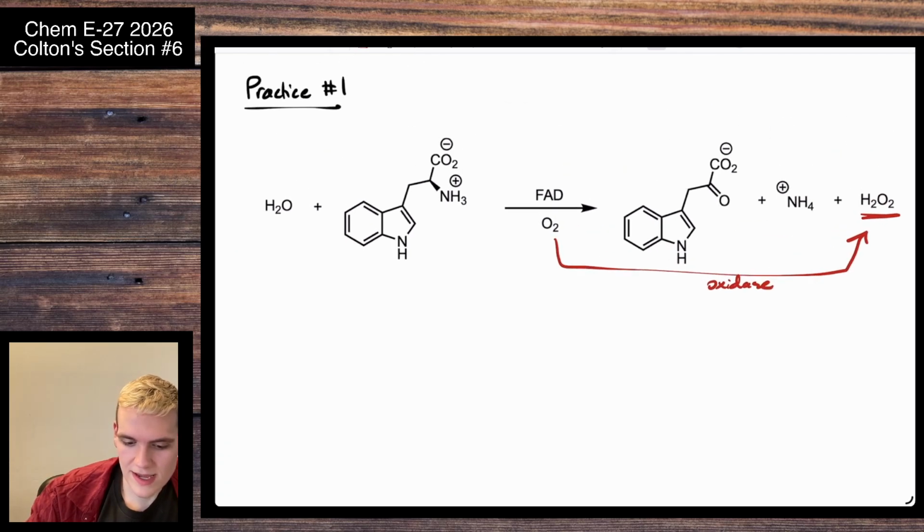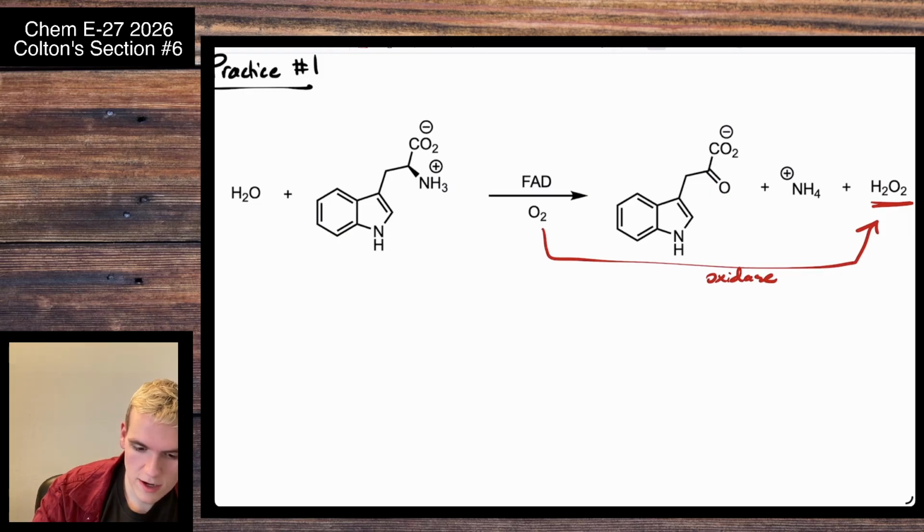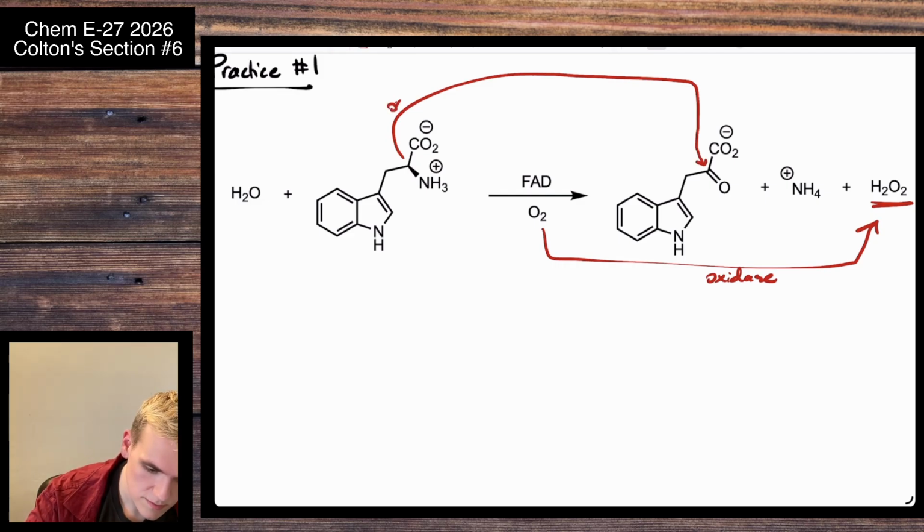And then the other thing is we see that we are going from a carbon here at oxidation level 1 to oxidation level 2. So we are doing an oxidation at the carbon, and I'll put oxidase here.